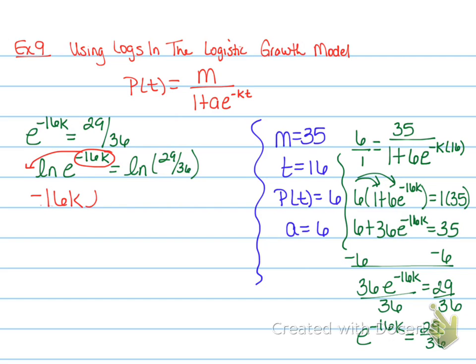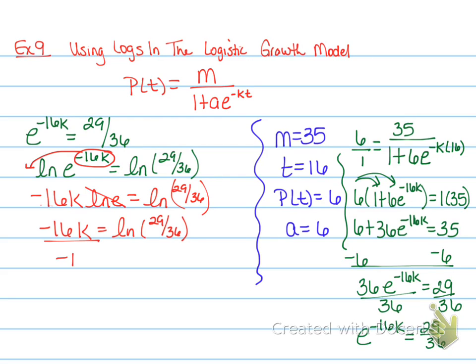So negative 16k times the natural log of e equals the natural log of 29 over 36. And do you remember what the natural log of e is equal to? Natural log of e is 1. So we just have negative 16k equals the natural log of 29 over 36. Solve for k, so divide by the negative 16.